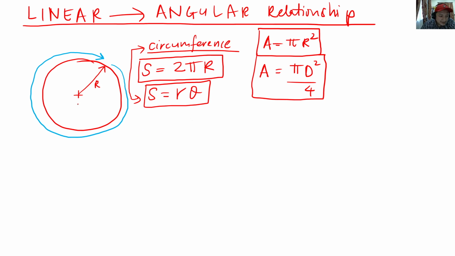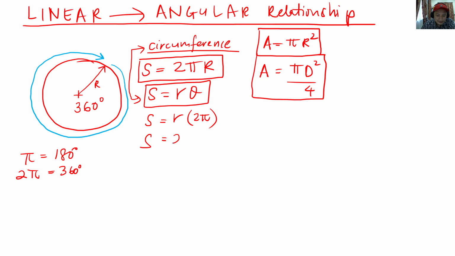So this one is actually making 360 degrees. So you know already, pi is 180 degrees. 2 pi is 360 degrees. If this one is 360 degrees, the circumference S is equal to r times theta, now the theta becomes 2 pi.